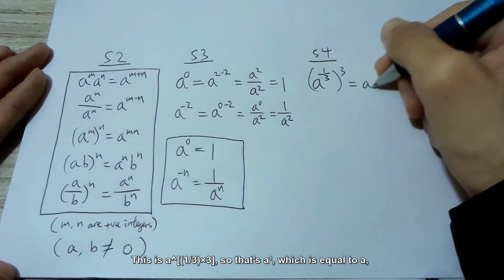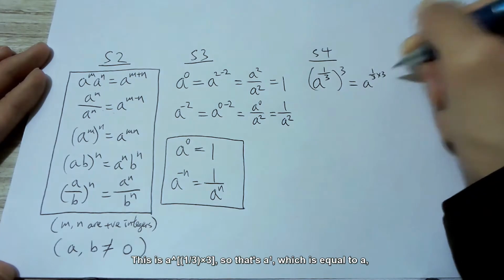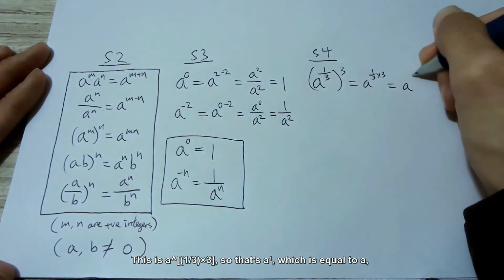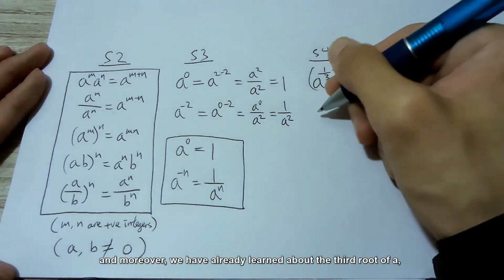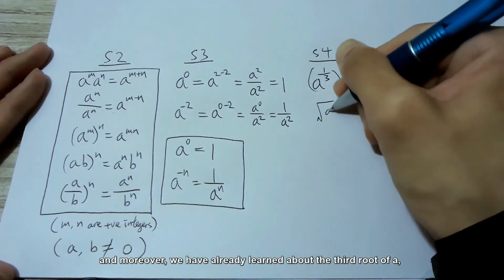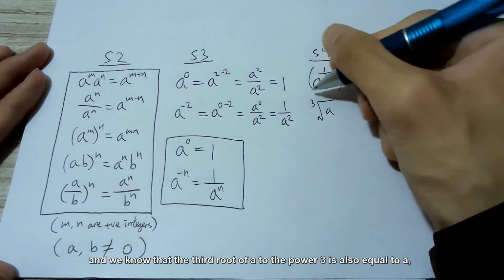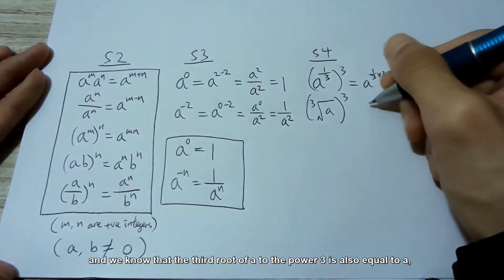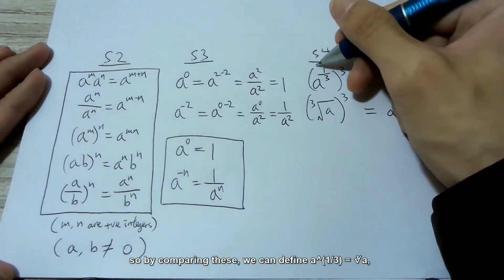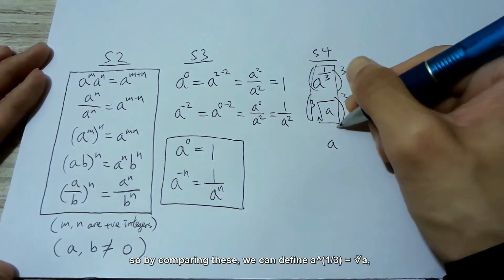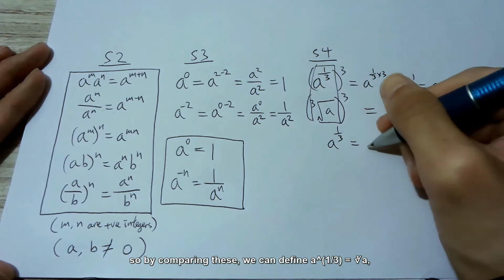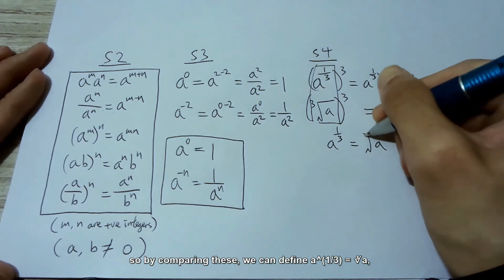This is a to the power 1/3 times 3. So that's a to the power 1, which is equal to a. Moreover, we have already learned about the third root of a, and we know that the third root of a to the power 3 is also equal to a. So by comparing this, we can define a to the power 1/3 to be the third root of a.